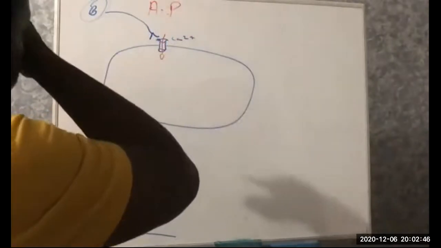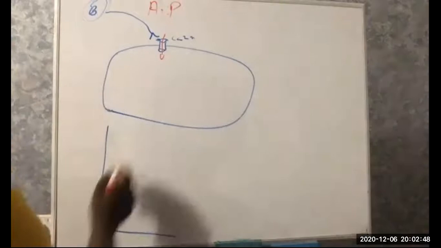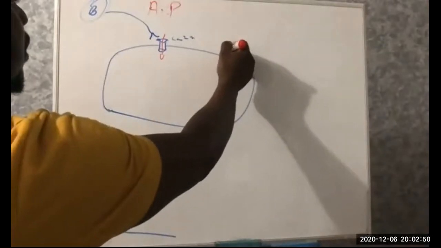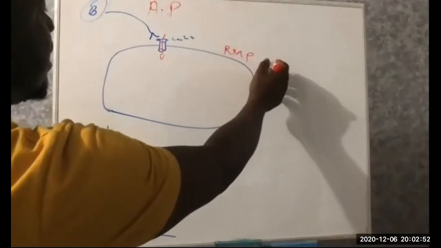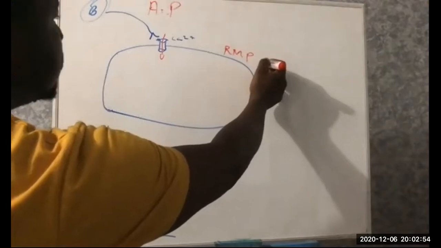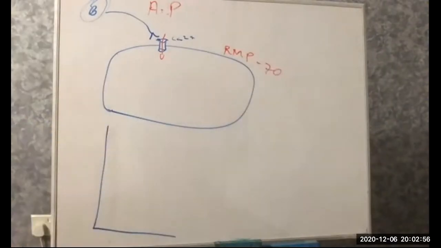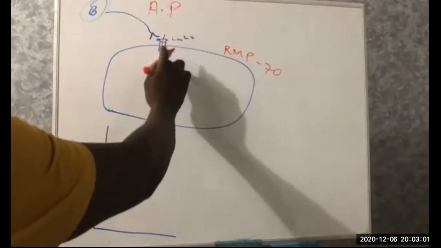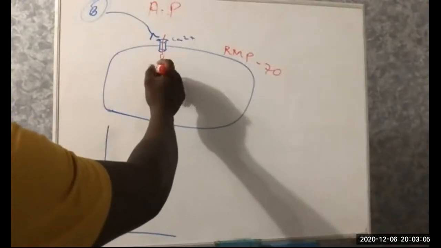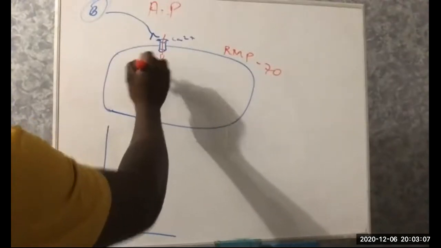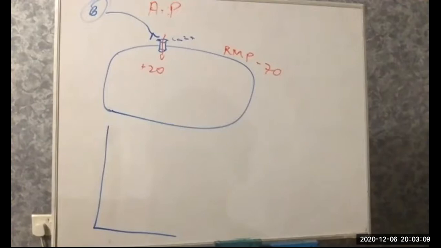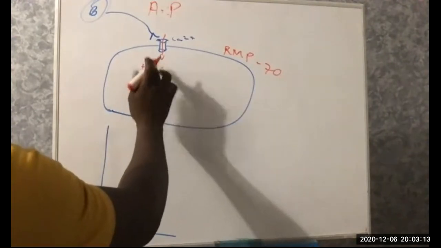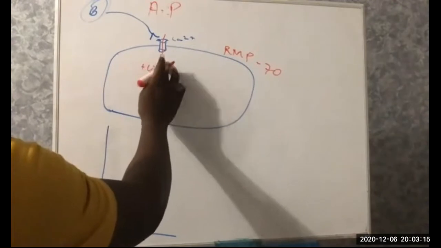So for instance, let's say this cell's resting membrane potential is minus 70. More calcium will start coming in so long as this neurotransmitter has bound. So let's say 20 positive calcium ions have come inside.